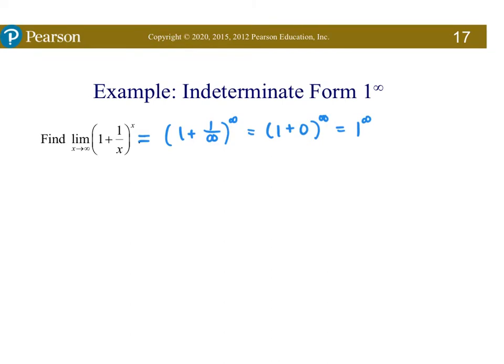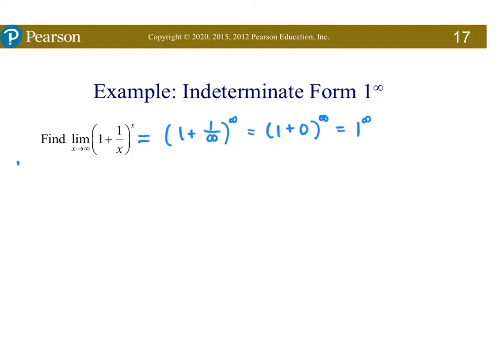So some people argue, well, 1 to any power is supposed to be 1. Why isn't this 1? Because I counter back, well, anything to the infinity power is supposed to be infinity. So which rule is right? Is it the 1 to any power rule? Is that going to trump the infinity power on anything rule? So since we have two competing rules here, that's why we consider it an indeterminate form.